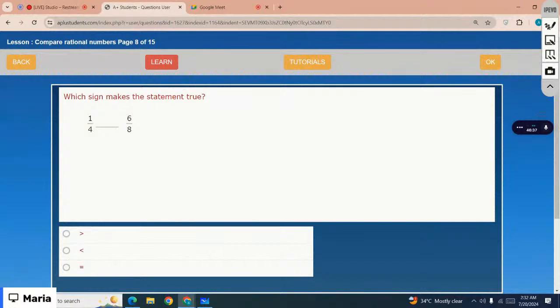1 by 4, you have to compare it to 6 by 8, so which is the correct option?